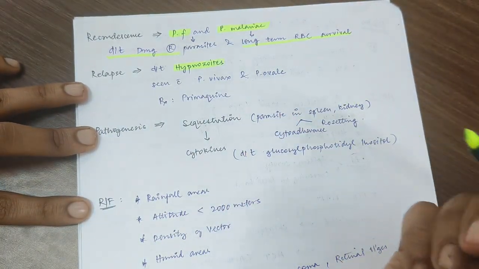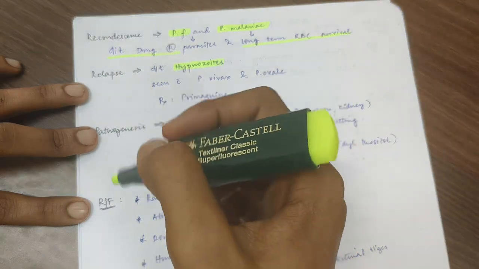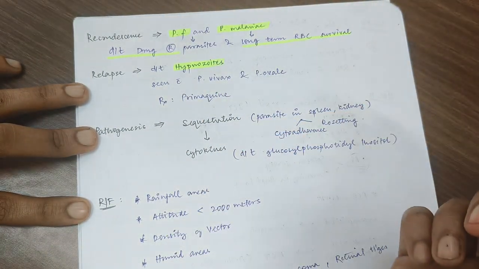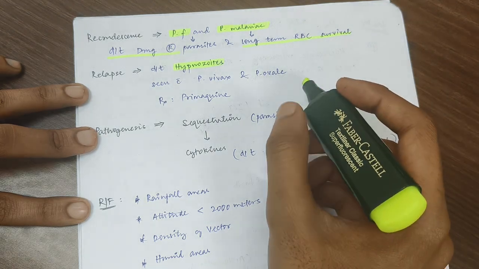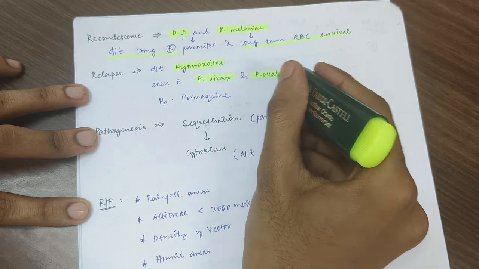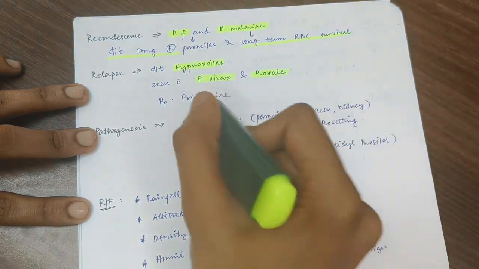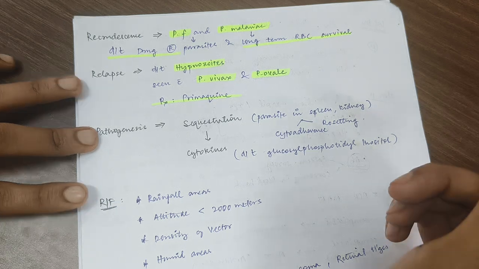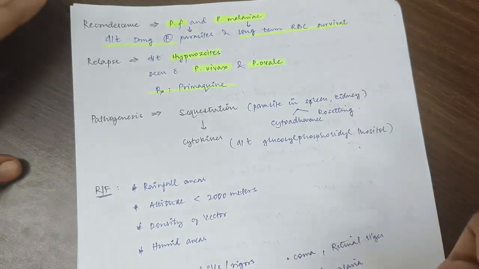The sporozoites enter the liver and stay there for a long duration, and they reactivate to form the merozoites. That's why these hypnozoites lead to relapse. That is most commonly seen in Plasmodium vivax and Plasmodium ovale, and the treatment for it is primaquine.